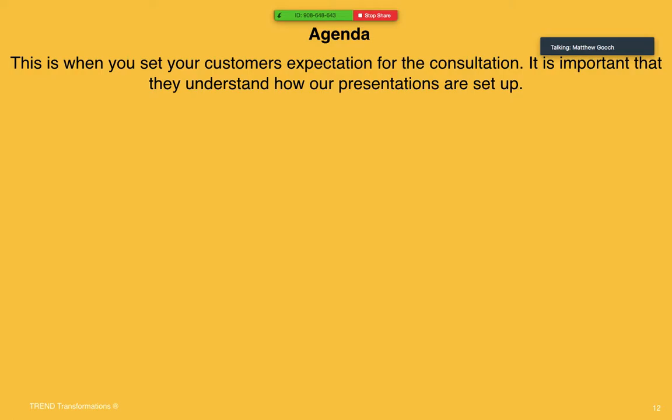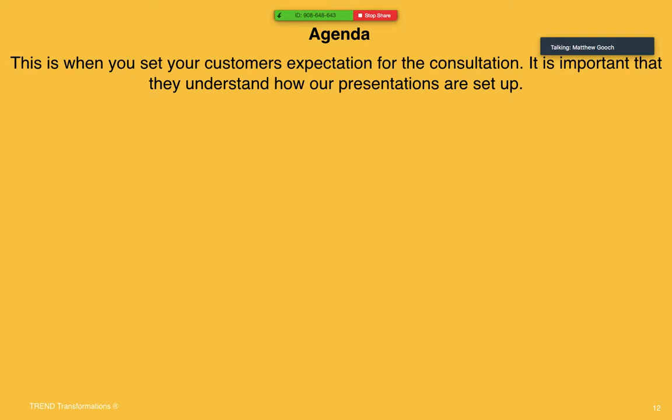So the agenda. This is when you set your customers' expectations for the consultation. It's important that they understand how our presentations are set up. You've got to understand, oftentimes we're guilty of assuming that the client knows exactly what these appointments are like, and that's really not always the case.